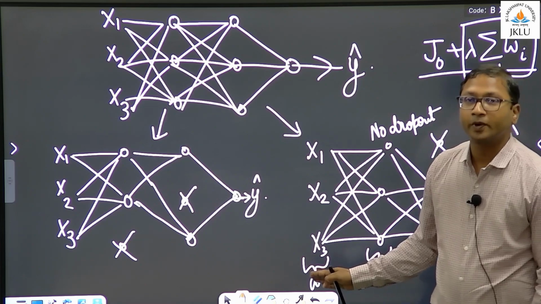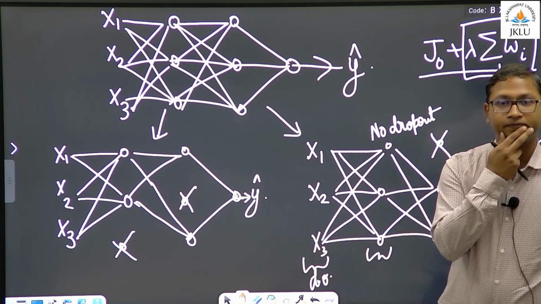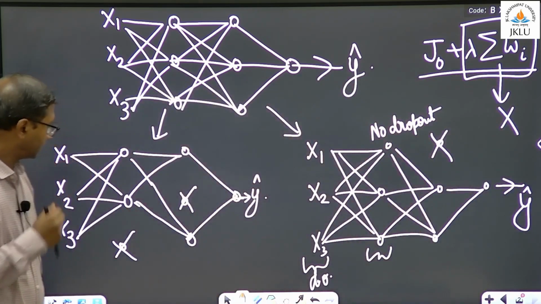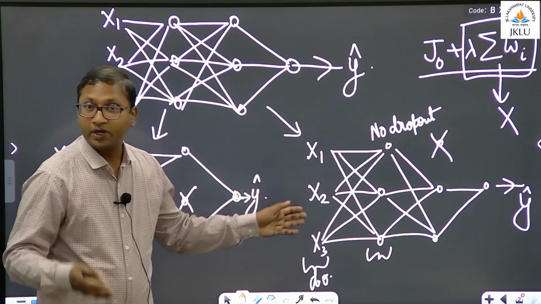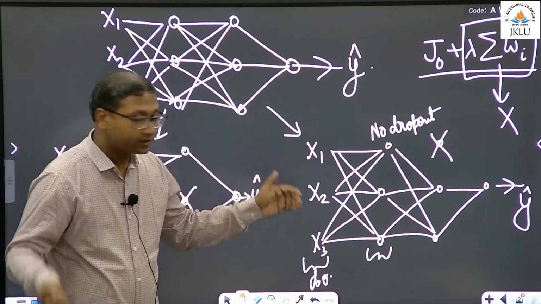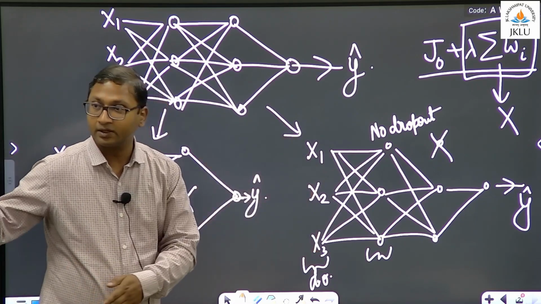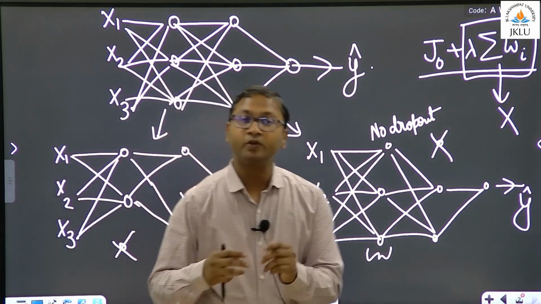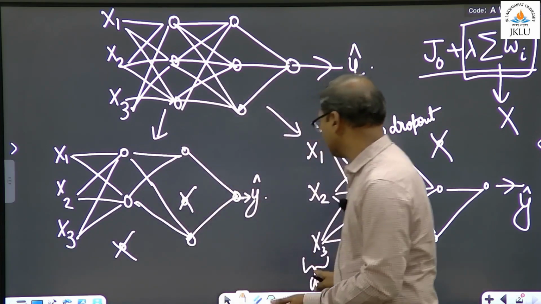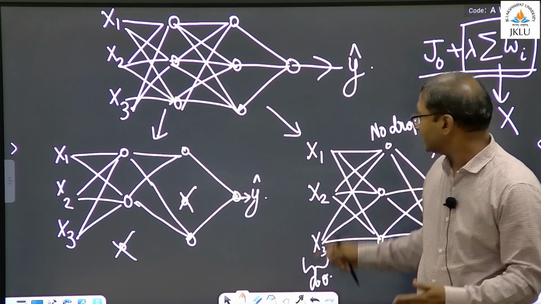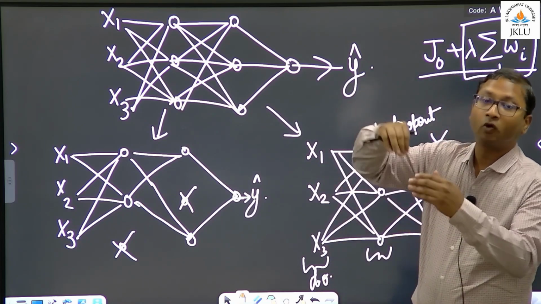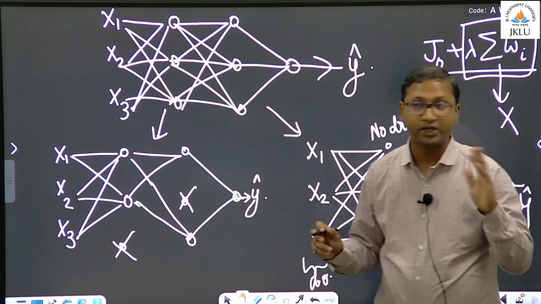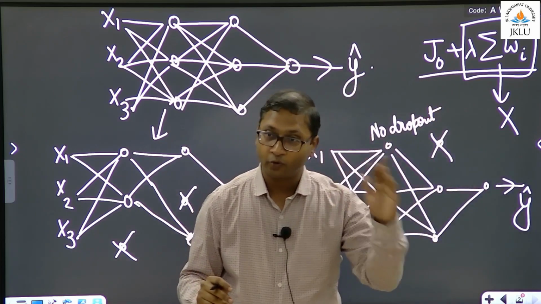You don't want to do dropout here, because you have thought that you need these three features. If you could do dropout here, maybe, let's say there was some X4 feature as well and you decided not to keep that, you would already do that beforehand, before even starting this neural network. So you don't do dropout in the input layer.